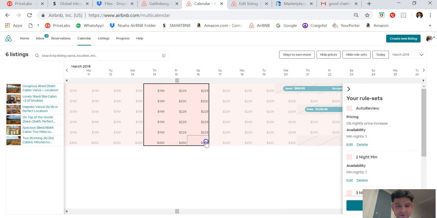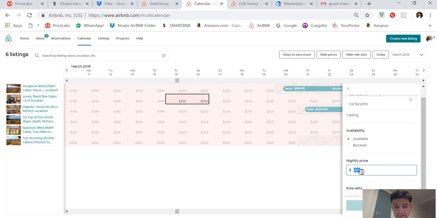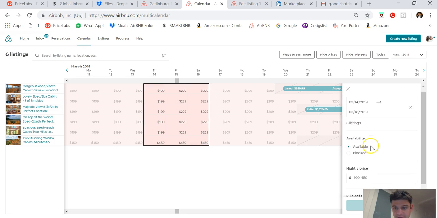We've already adjusted the price. I've increased the price a little bit on the weekends, you can see here. I didn't do it for Bear Country. I'm going to do it right now. Okay, so bring it to 230, because I remember we want a 4-night min there.